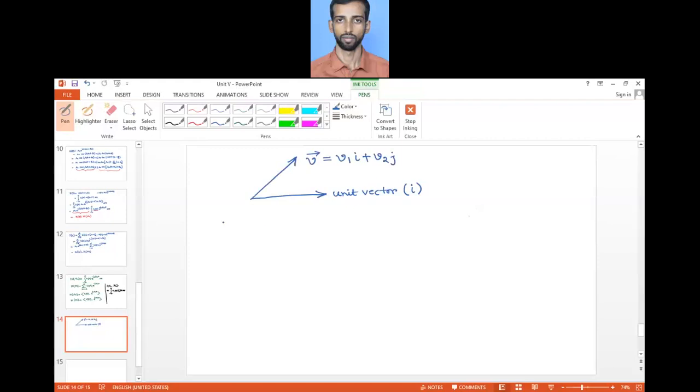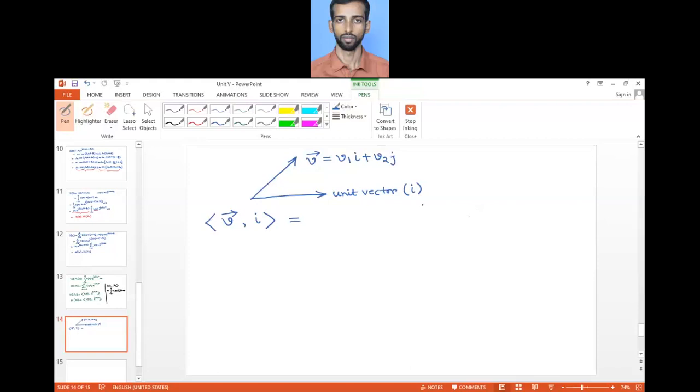So now, if you would like to find out the inner product between the vector v and the unit vector I, what will you get? This is basically v1i plus v2j multiplied with the complex conjugate of the unit vector, because both of them are vectors.